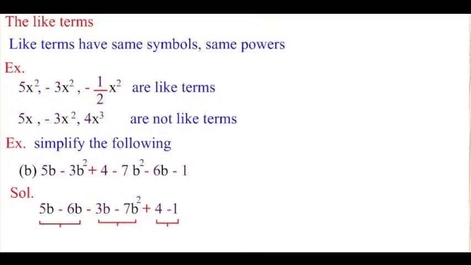Solution. 5b minus 6b minus 3b squared minus 7b squared plus 4 minus 1 equals negative b minus 10b squared plus 3. We cannot add the unlike terms as we know.